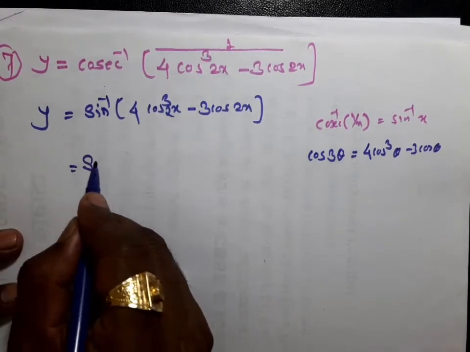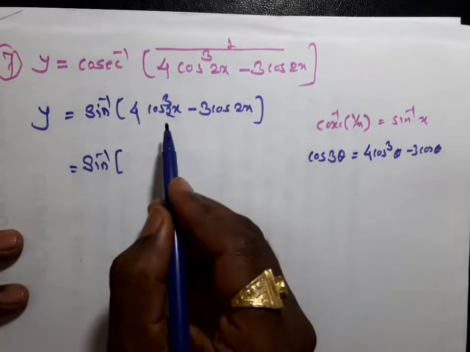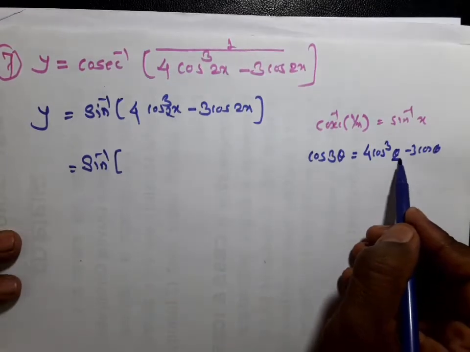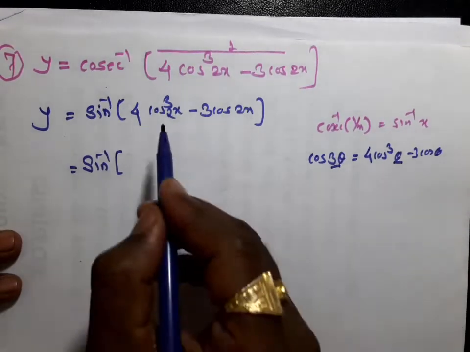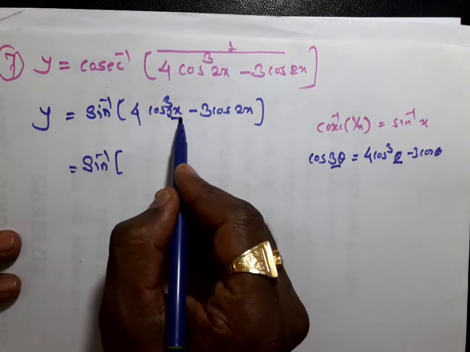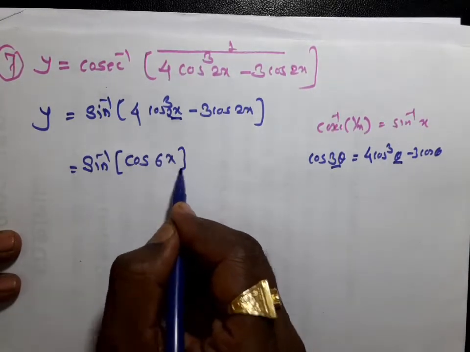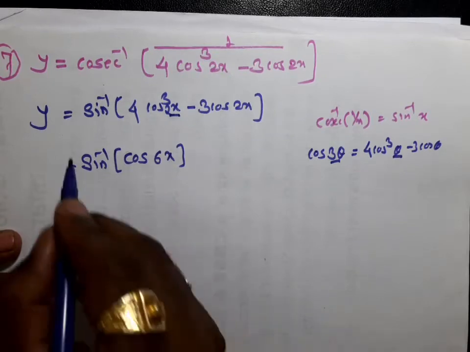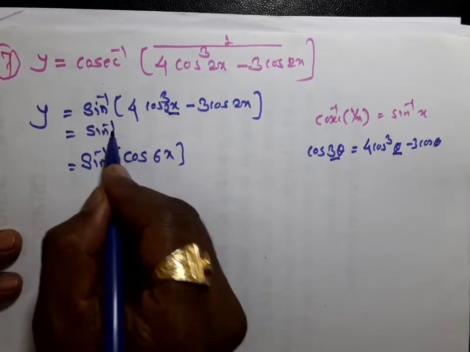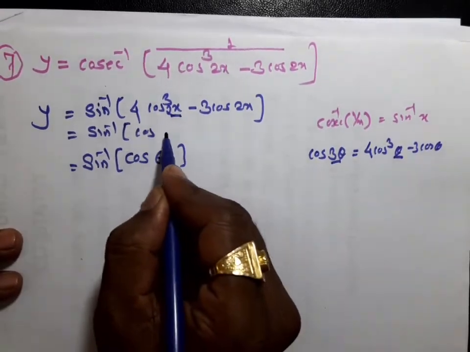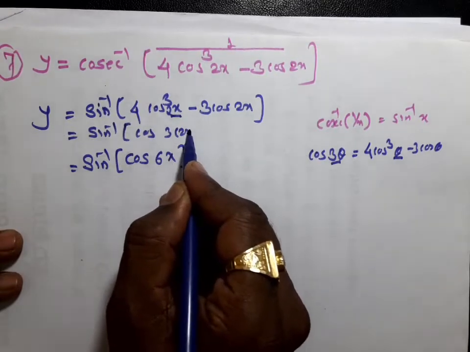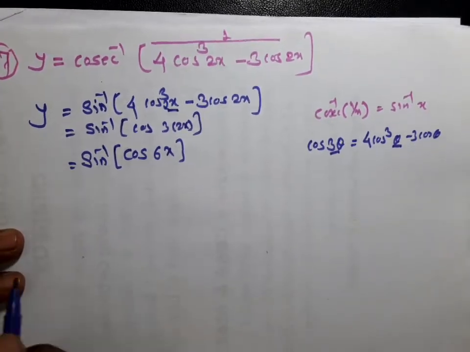This is sin inverse of 4 cos cube. Here theta is 2x, it will become 3 into 2x, 2 3s are 6, cosine 6x. That is sin inverse of cos 6x.